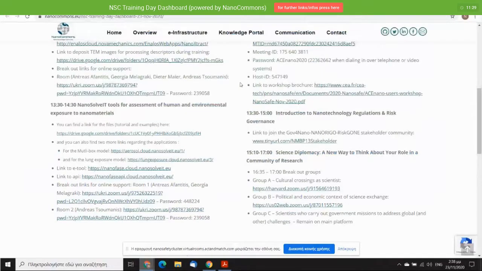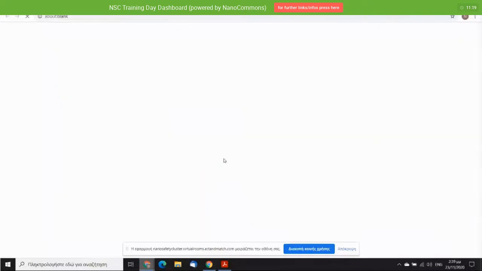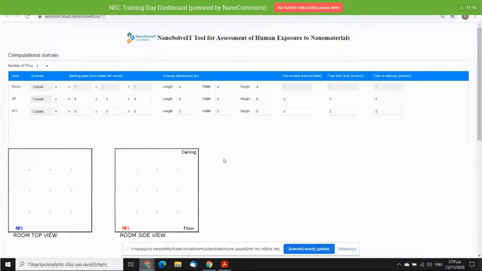For both applications, the links can be seen here, for the aerosol and for the lung exposure. So I press here in order for the aerosol model to open. And this is the aerosol model for the estimation of the concentration of the nanomaterials.